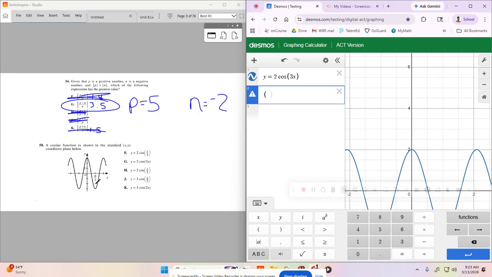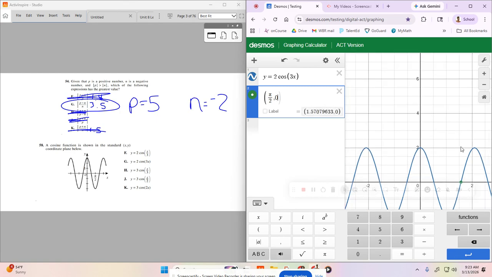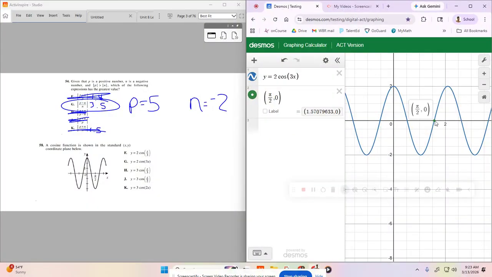So I'm going to put that on the x-axis by making it an ordered pair with pi over 2, comma 0. Okay, so right here is where I see that is my pi over 2. This one does not have anything on it. It has my first minimum. So I know this equation is not right.